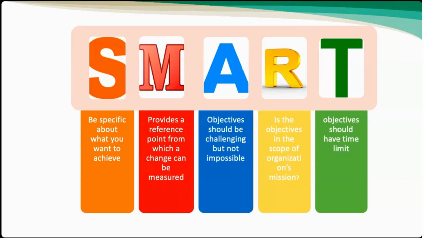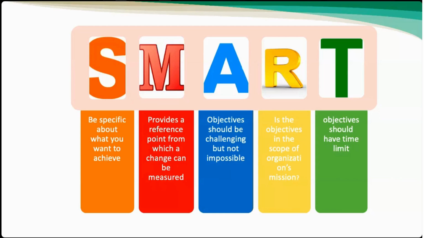The objective should be challenging but not impossible. So you cannot put impossible objectives like to have 0 MDRO the whole year, which in some cases is impossible. And the next step, R, is that the objective fits the scope of organizational missions.